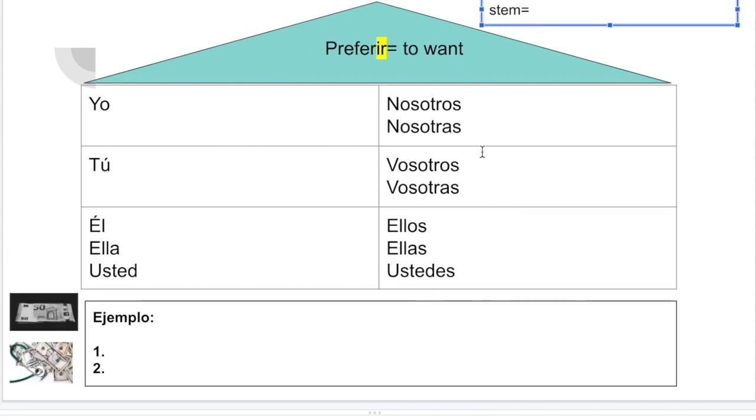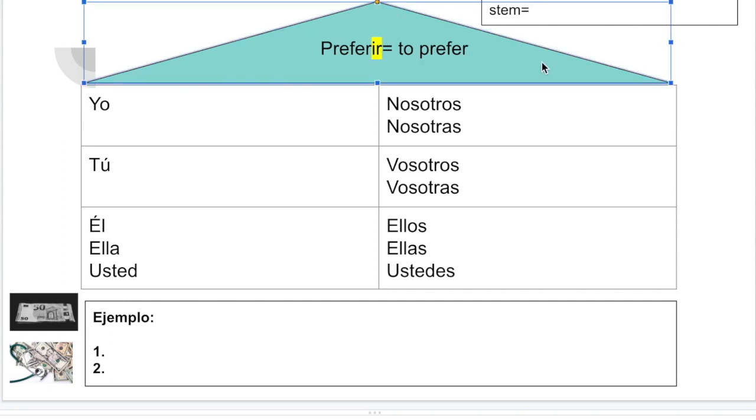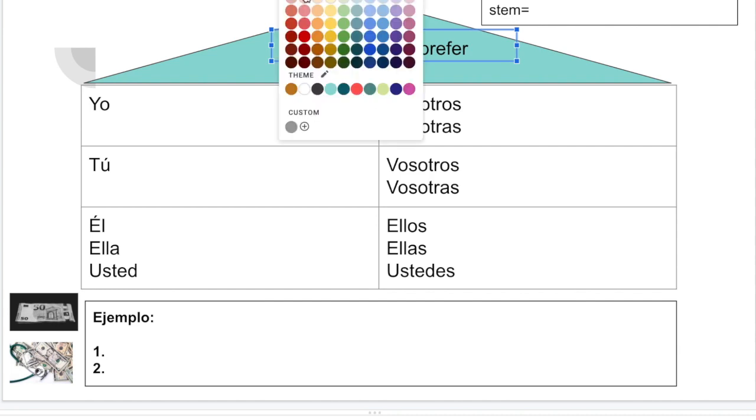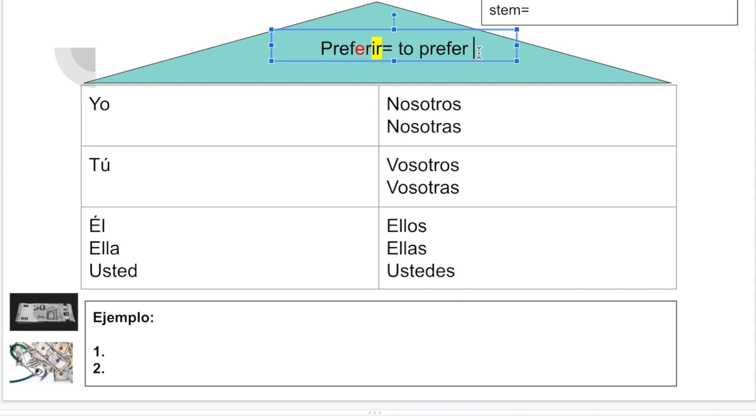Preferir means to prefer, not to want. Let me fix that. And it is an IE verb because we have an E, and the one we're going to change is the second E. So I'm going to make a note, it's an IE verb too. However, there is something different here, and it's an IR verb.